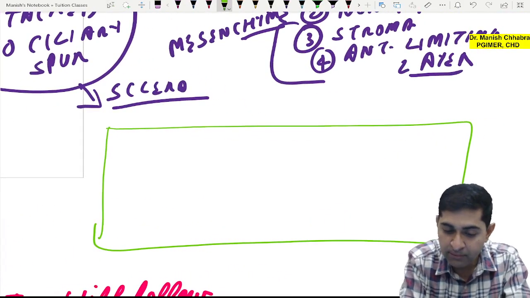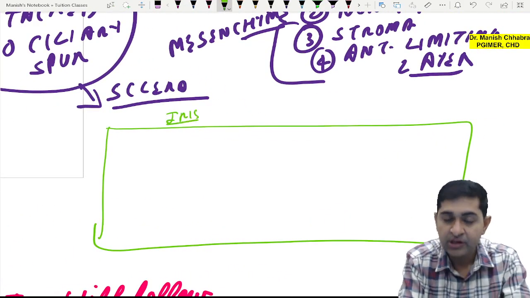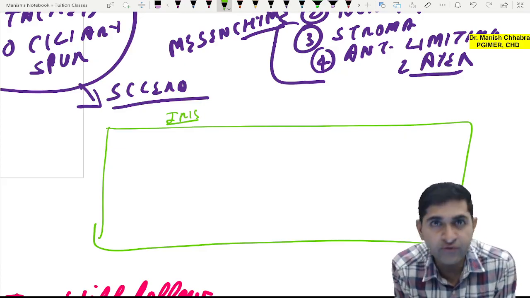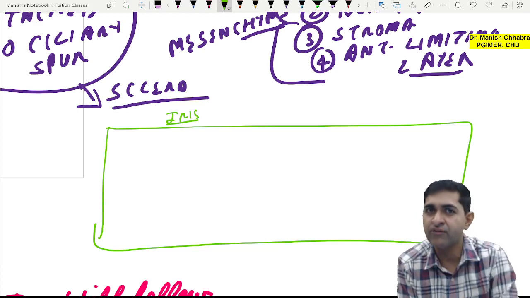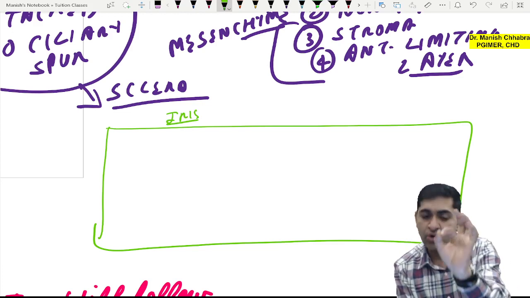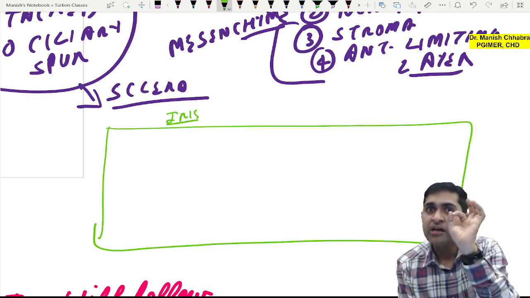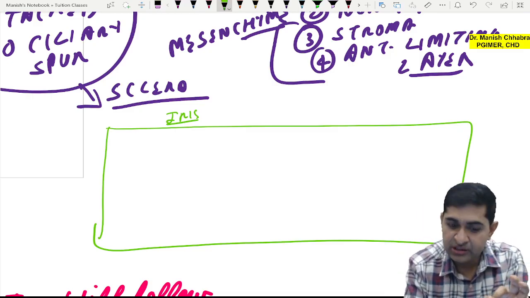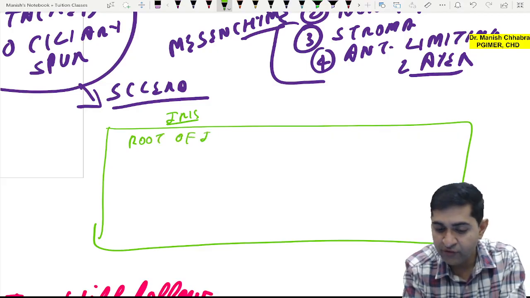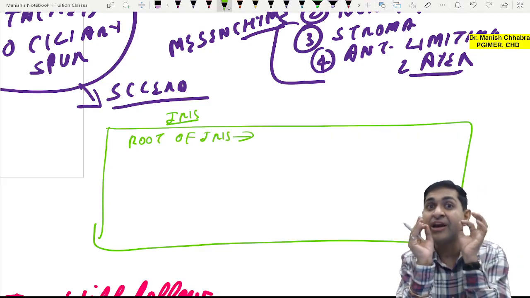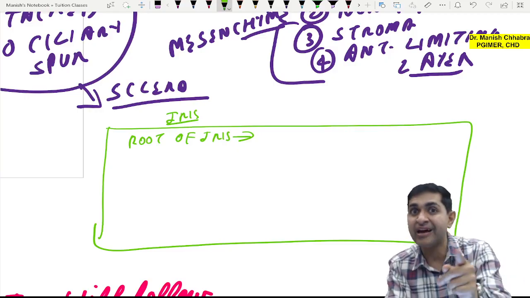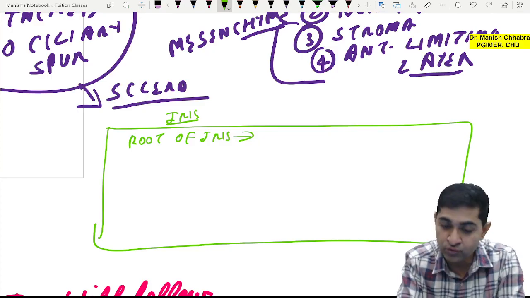Now if we talk about the iris, we have done the blood supply of the uvea. 4 layers we have already done. Coming over to the iris, the root or base of the iris has the anastomosis of 2 blood vessels, which we had done in the blood supply of the uvea.